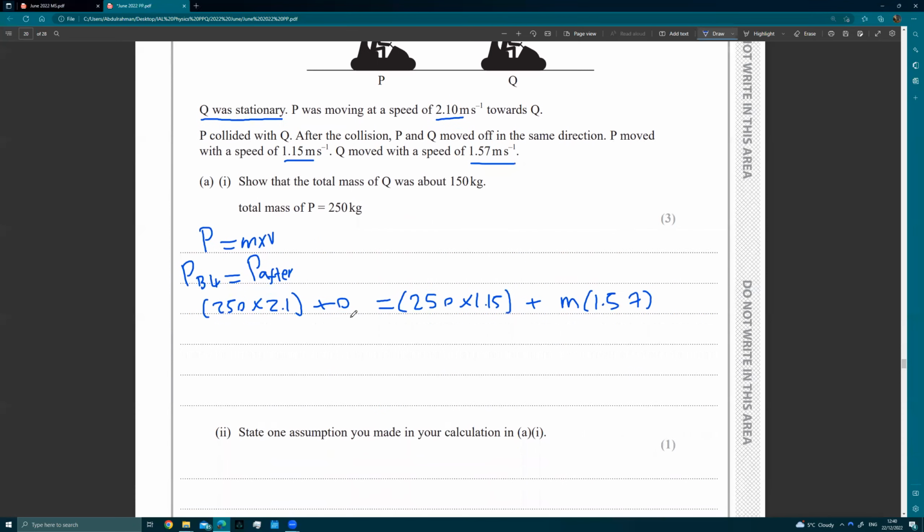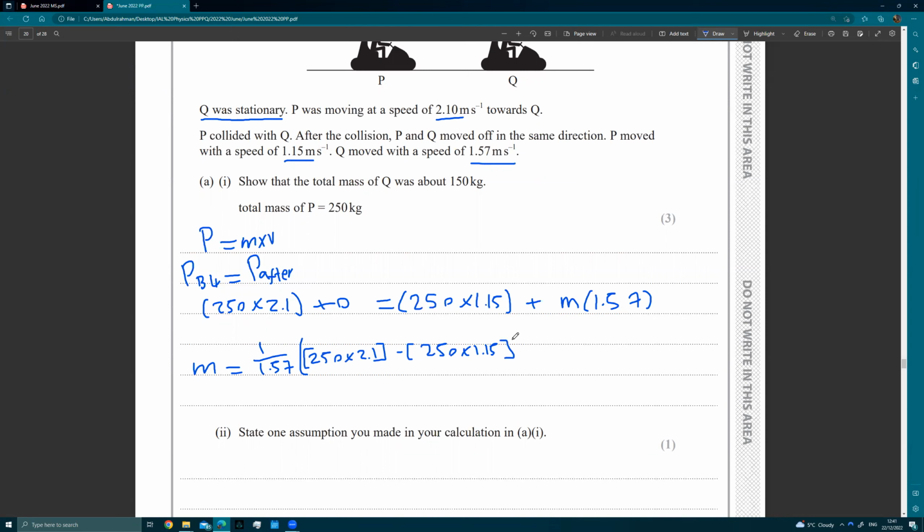1.57. Rearrange, you're going to get m is equal to 1 over 1.57 times 250 times 2.1 minus 250 times 1.15.